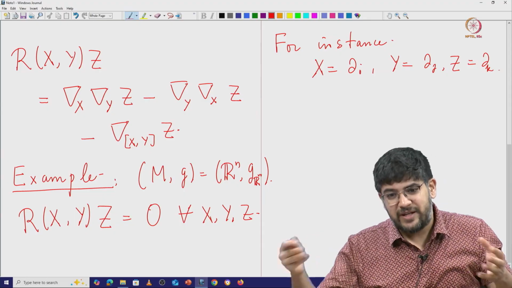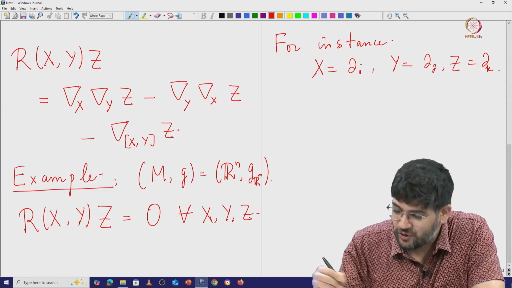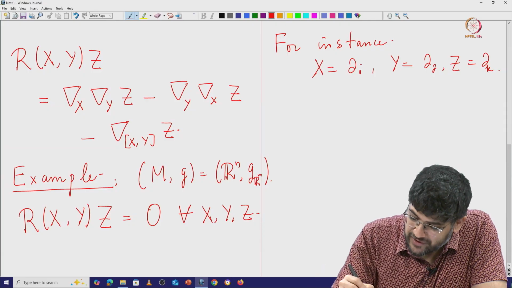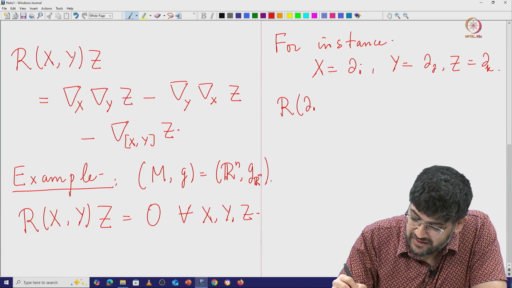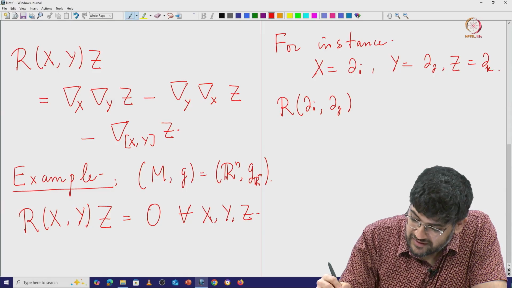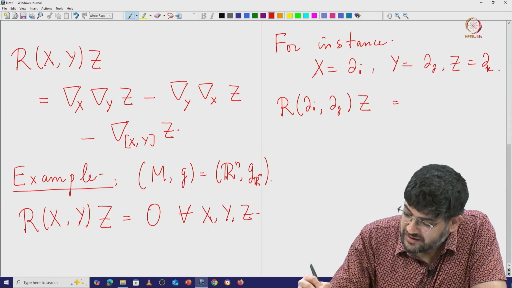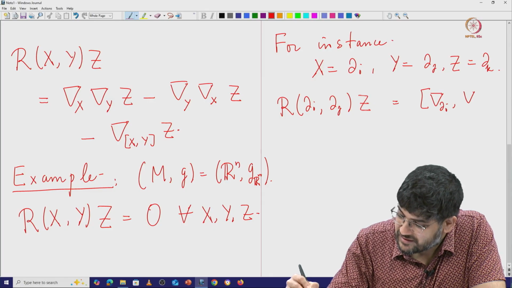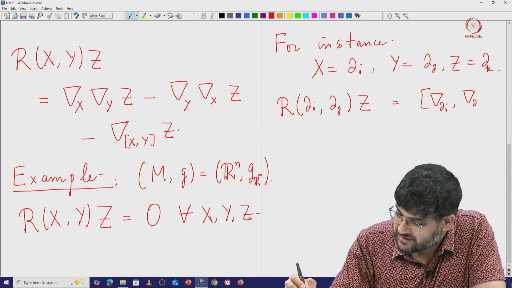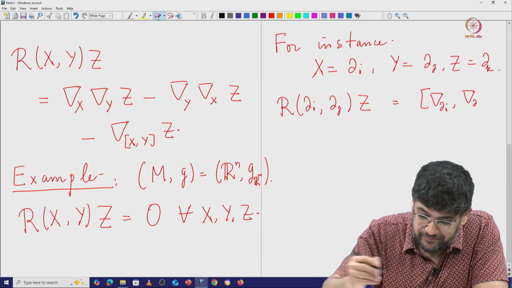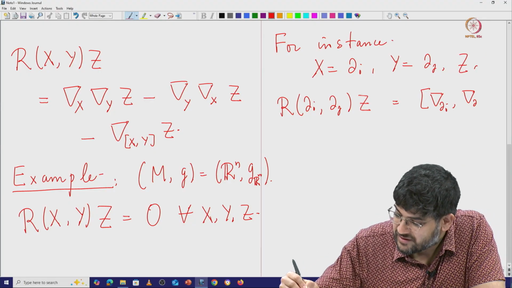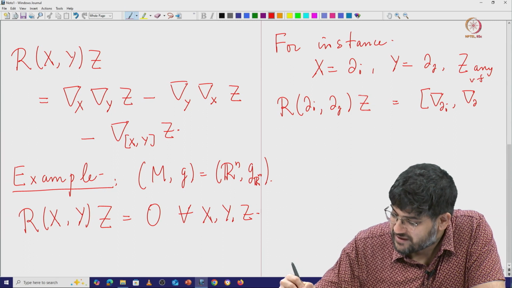These actually give basis vectors on all of Rn, to the tangent space on all of Rn. So here, let Z be any vector field.